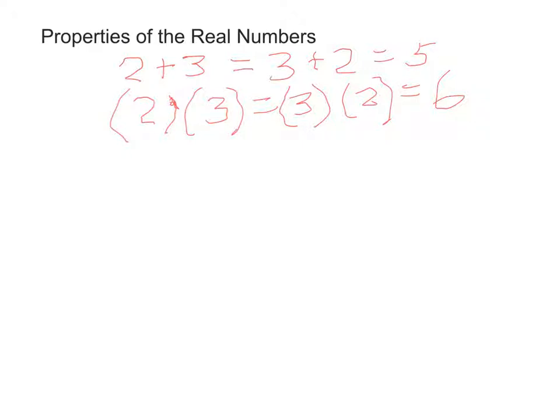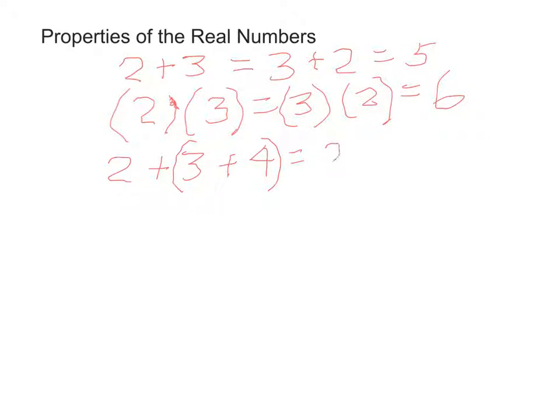Now there's also something called the associative property. Let's say I've got 2 plus 3 plus 4. Okay? Now, how do I want to do that? I could say, well, let's add 3 plus 4, which is 7, plus 2 is 9.